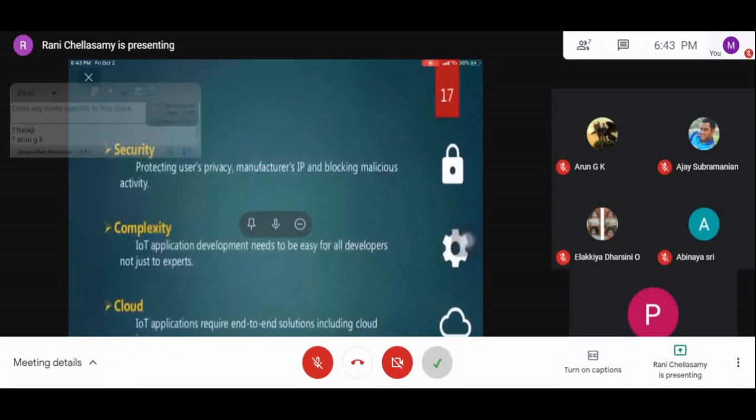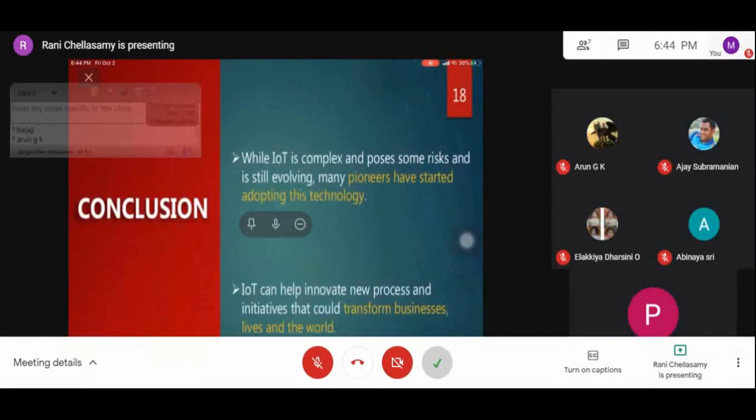And the complexity. Developing IoT applications needs to be easy for all developers, not just the experts. And cloud. IoT applications require end-to-end solutions, including cloud services also. So these are some of the challenges in developing IoT applications.